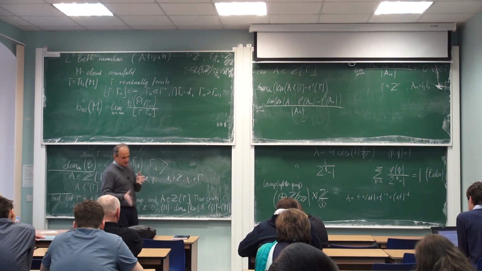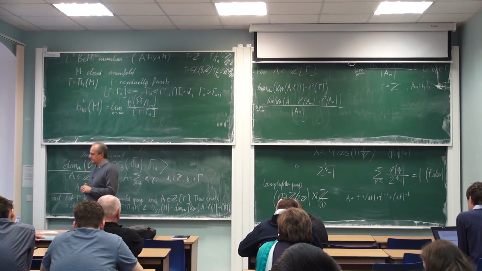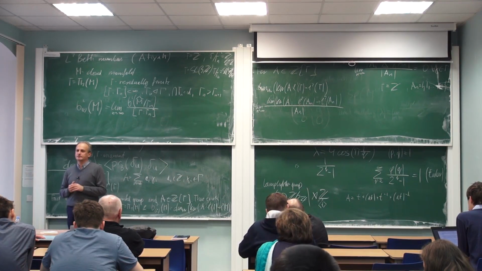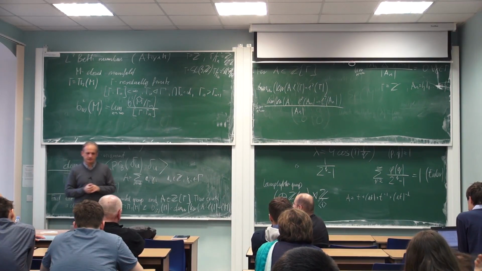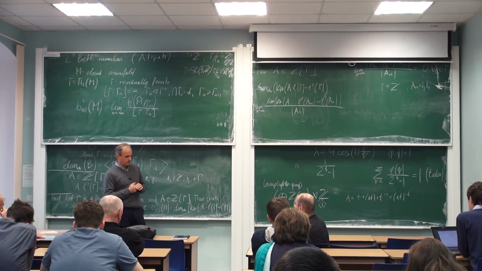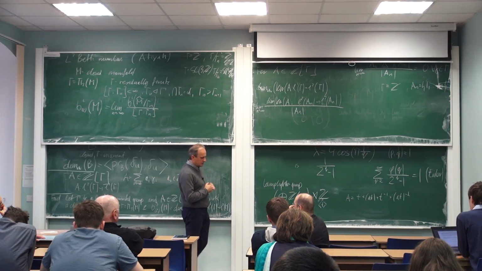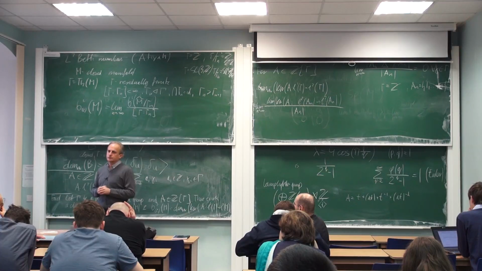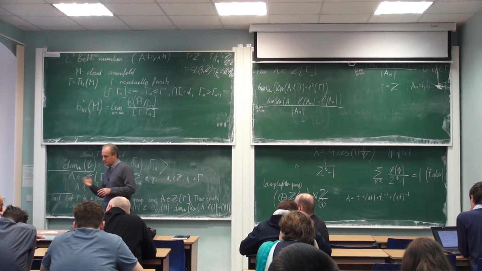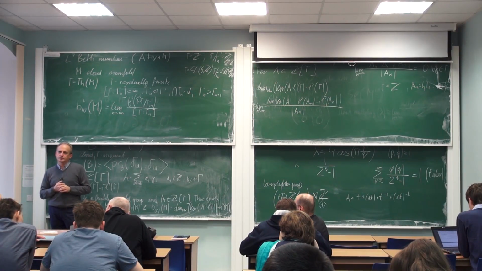In the passage from the continuous to the discrete case, it's sometimes very difficult to establish analogous results, and there are many conjectures which were open for a long time in the discrete case, when they were well known for a long time in the continuous case.